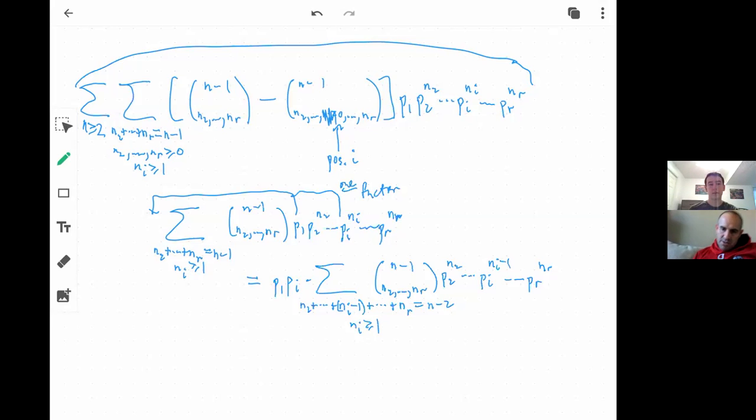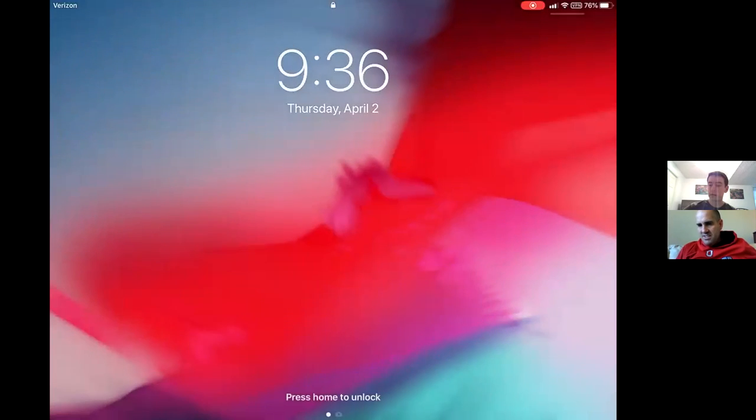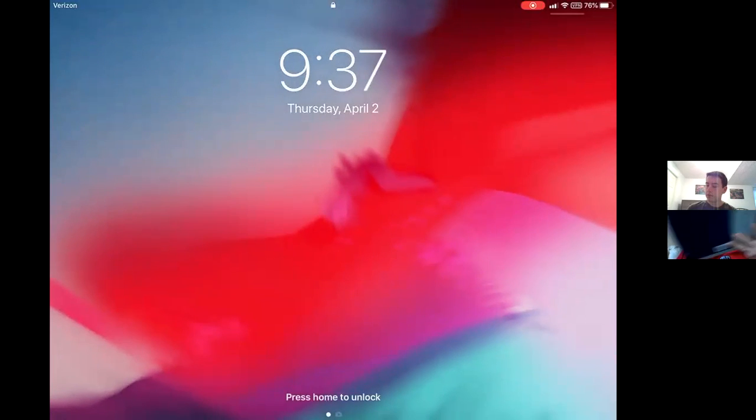So how did you get the, I mean, you can easily get the MGF since they're independent, right? You can easily get the MGF of the sum of the two things, right?